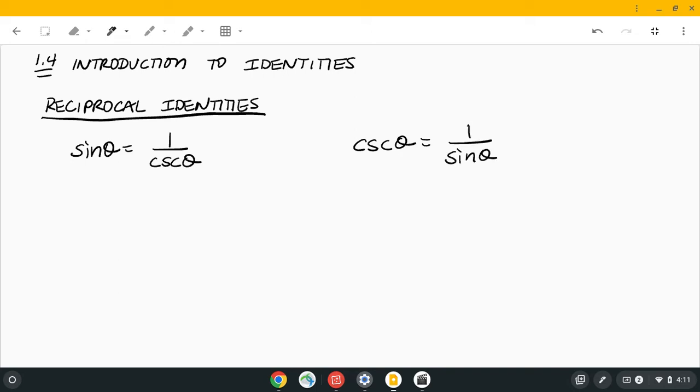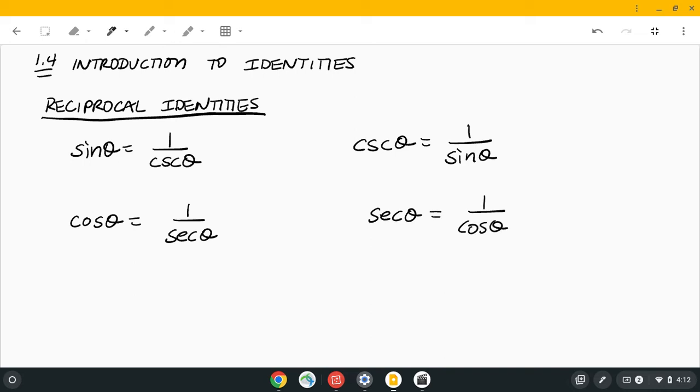We noticed that when we looked at the first definition of trig functions, defined in terms of x, y, and r. Cosine theta is the reciprocal of secant theta, and secant theta is the reciprocal of cosine.